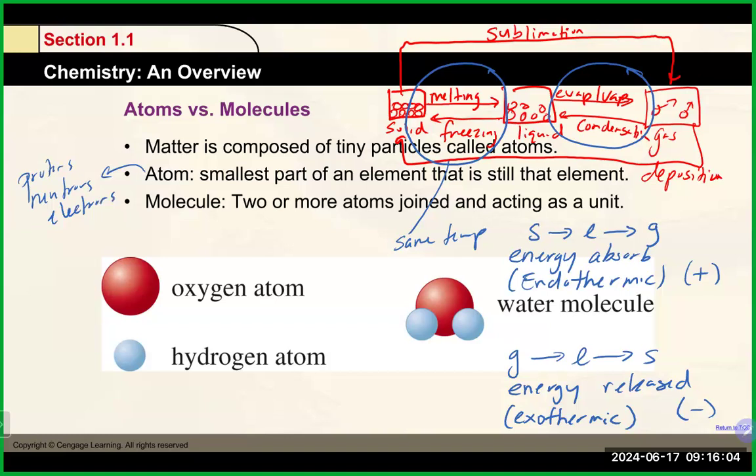A molecule is the combination of two or more atoms that are bound together, however they are bound together. So this does bring us a little talk about some differences between what a molecule is and, say, for example, what a compound is and what an element is.